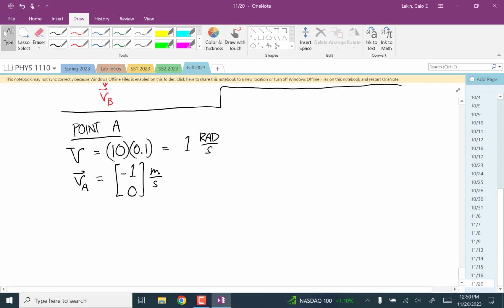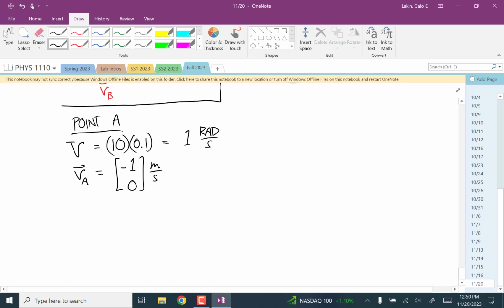And now let's think about the parts of the acceleration. Let's do the one that we've just talked about first. So the magnitude of the tangential acceleration is the absolute value of the angular acceleration, so 20, times that same r that we used for the angular velocity, so 0.1.